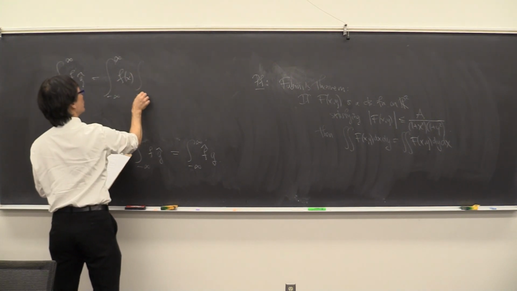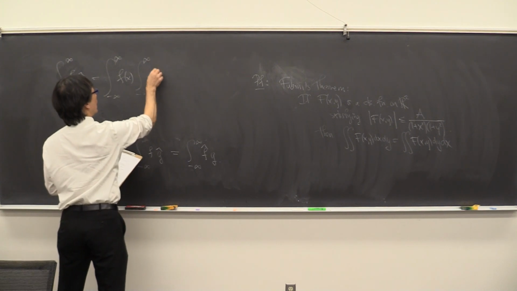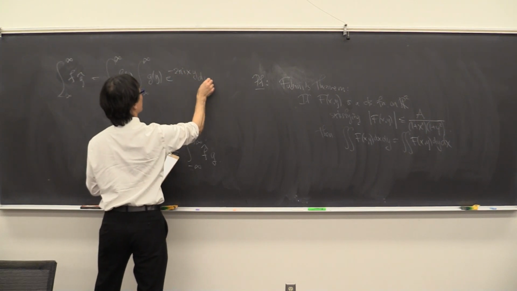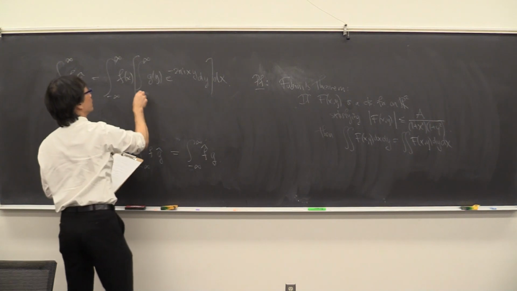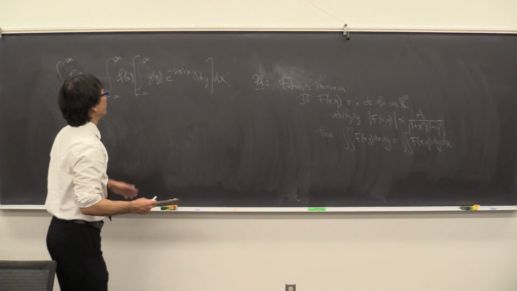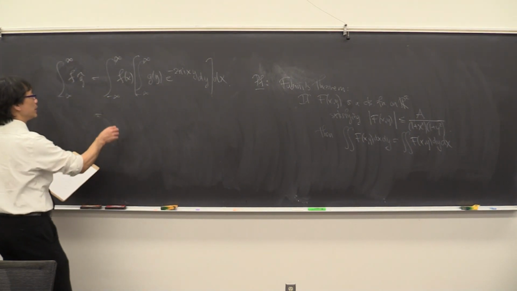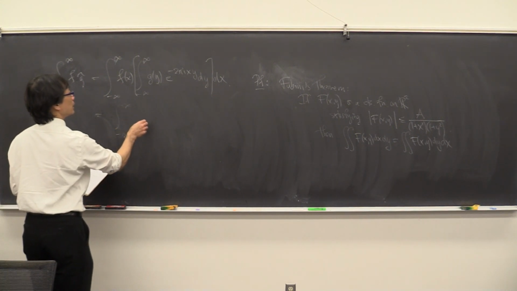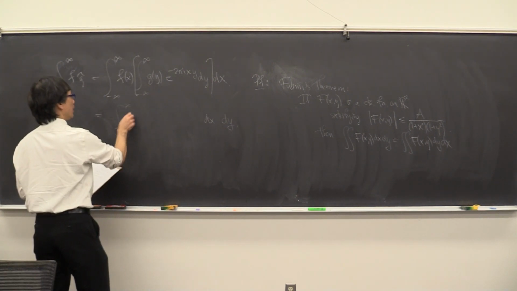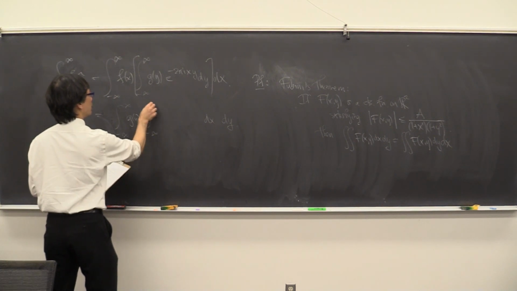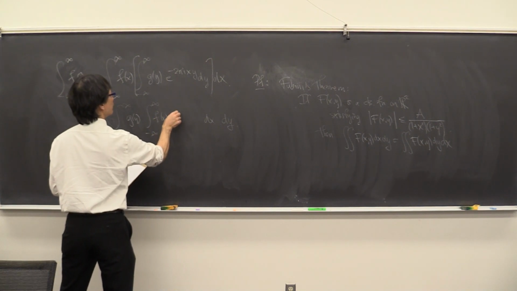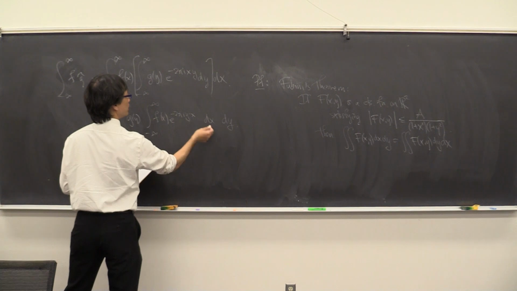So g hat of x is the integral of g of y e to the negative 2 pi i x y dy. By Fubini's theorem, we can change the order of integration. This turns into dx dy. The y pulls out, and we get g of y, the integral of f of x e to the negative 2 pi i y times x dx.